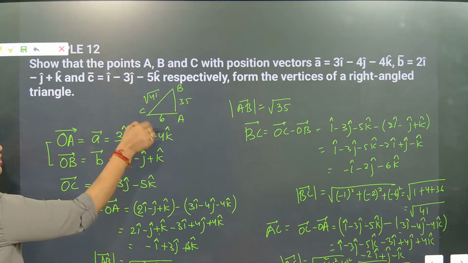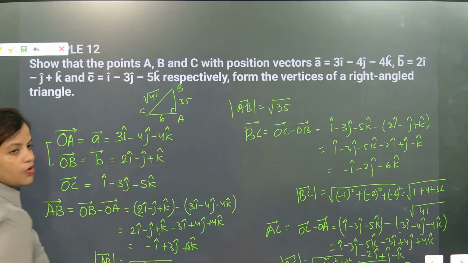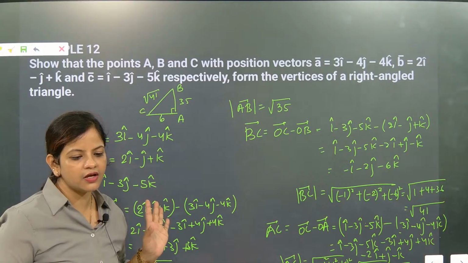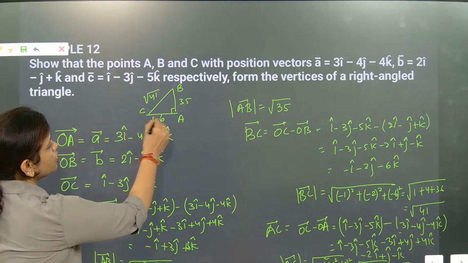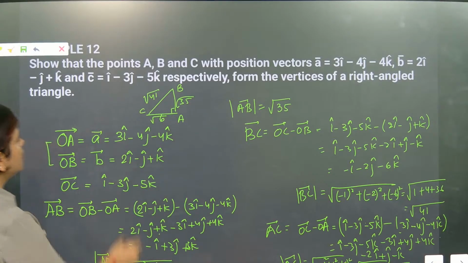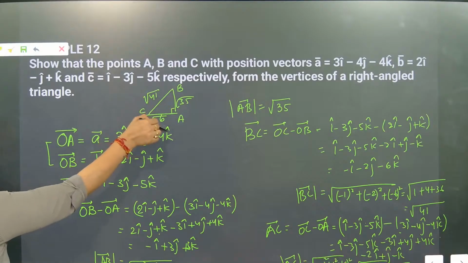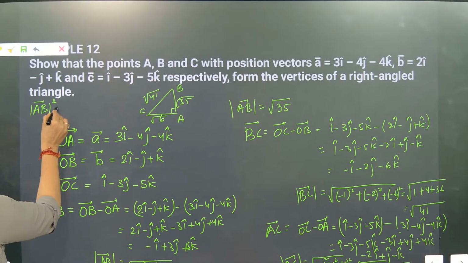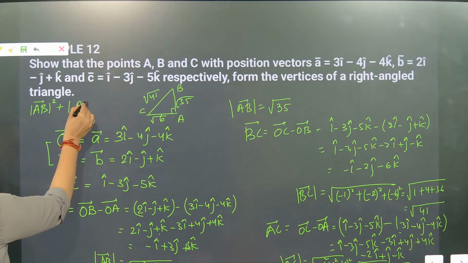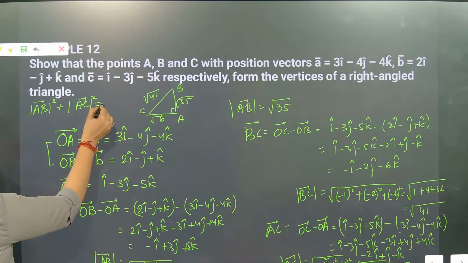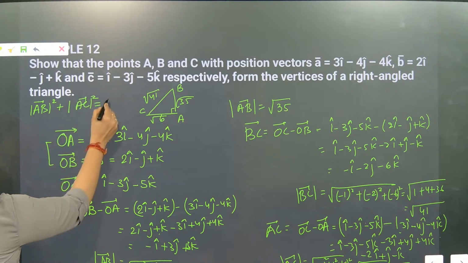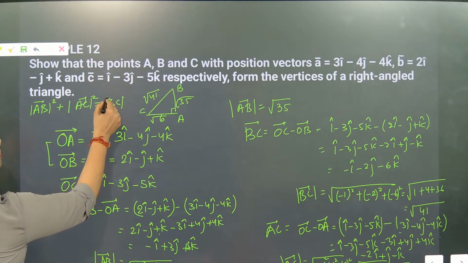Now beta, we are going to use Pythagoras theorem. If it satisfies Pythagoras theorem, it is going to be a right angle triangle. So let's check this one out. Magnitude of AB vector whole square plus magnitude of AC vector whole square is equal to magnitude of BC vector whole square.